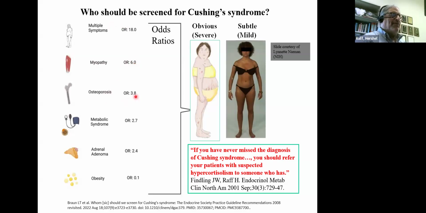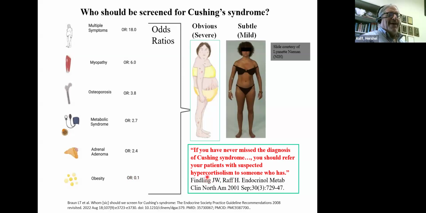Osteoporosis about 4-fold. Metabolic syndrome, not surprisingly, about 3-fold increase. And anybody with a lump or a bump on their adrenal deserves to be worked up. Again, what is clear is that just run of the mill, if there is such a thing, obesity, is probably not an enriched population.